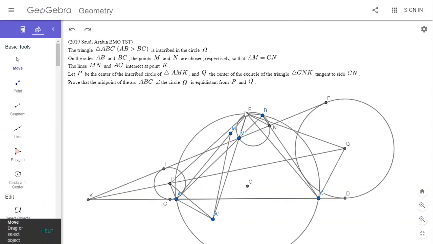A prime F is equal to FC. I wonder if this is cyclic. Let me check.